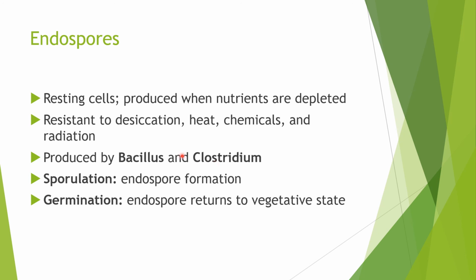So those are usually the ones that produce those endospores. Endospores are basically more durable daughter cells, if you can think of it this way. And those endospores have very thick walls that make them able to tolerate high heat and harsh environmental conditions.